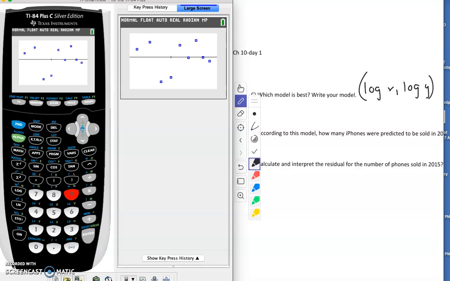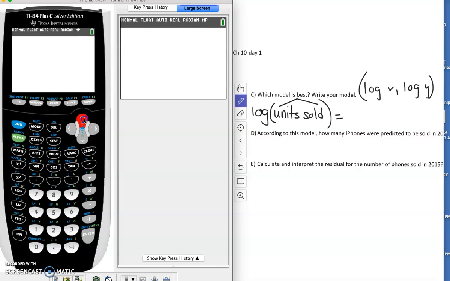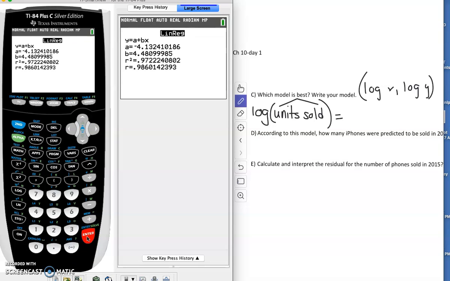So in context, I'm going to put the log of my predicted y, which was units sold. So I put a hat over that, is equal to, and you might have to go back and run it again. I can probably just go up into my history and run it one more time here so I can see my different values.